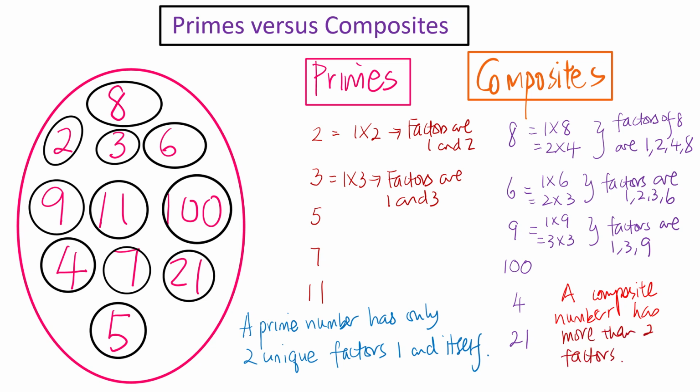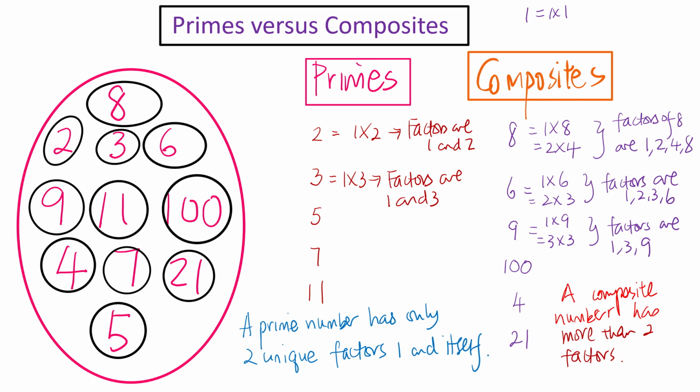Right. So the next question is, how about the number 1? Let's look at the number 1. The number 1 equals 1 times 1. So to be a prime, the definition is such that it must have 2 unit factors, 1 and itself. 2 unit means 2 different. So 1 has only 1 factor.